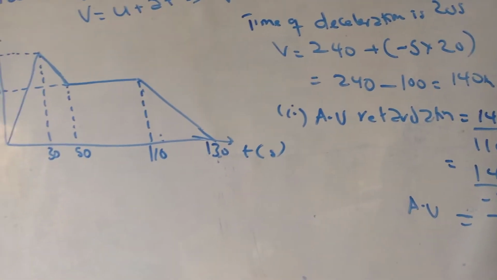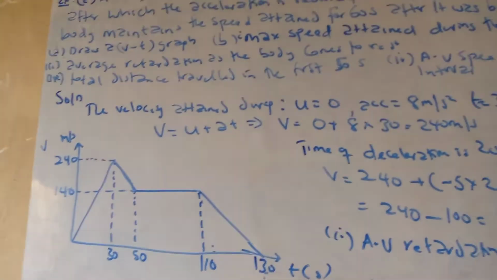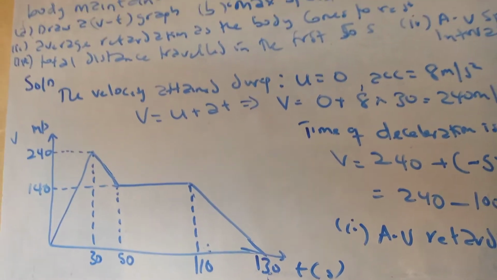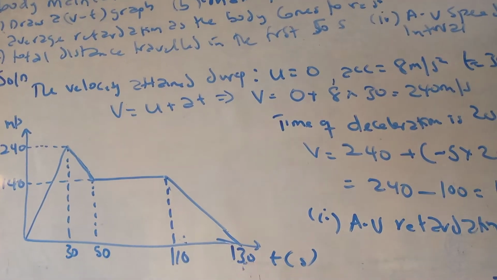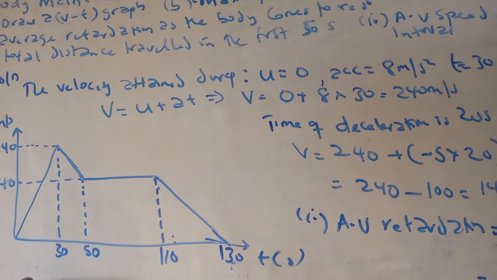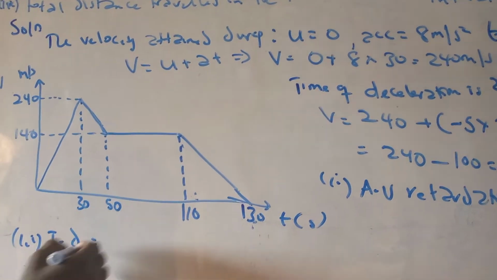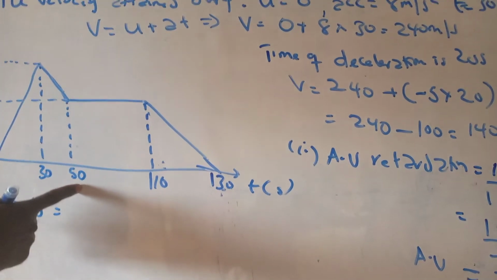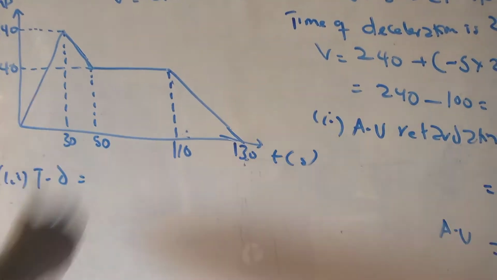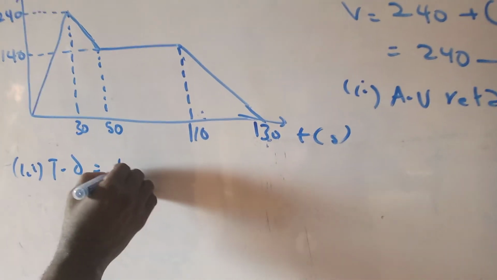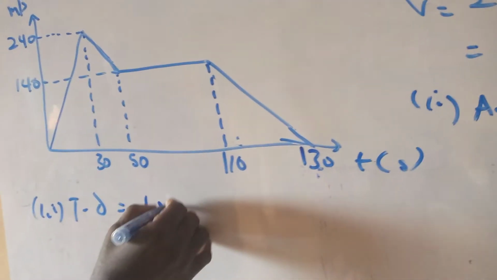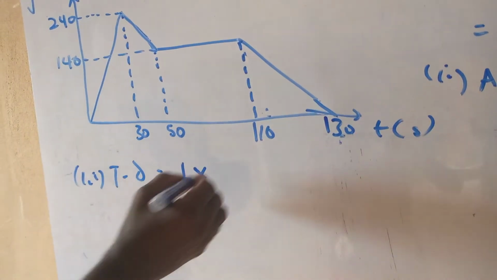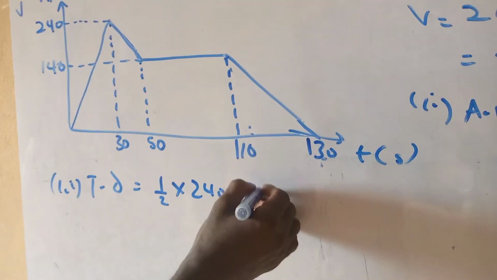Number 3 asks for the total distance traveled in the first 50 seconds. This is the first 50 seconds here, so we find the area of the shape. The first part is a triangle, half base times height: half times 240 times 30.